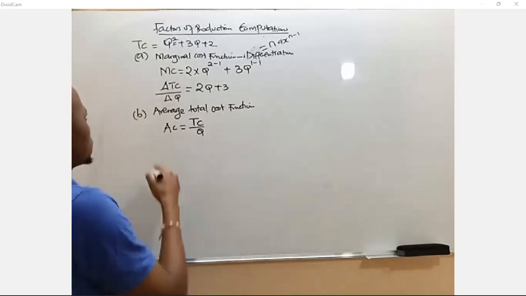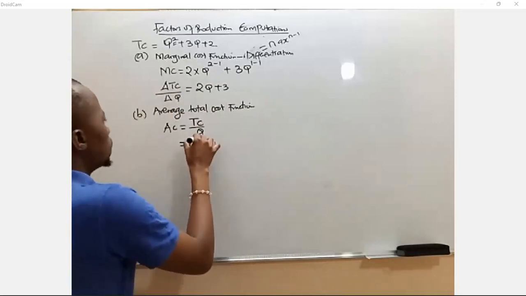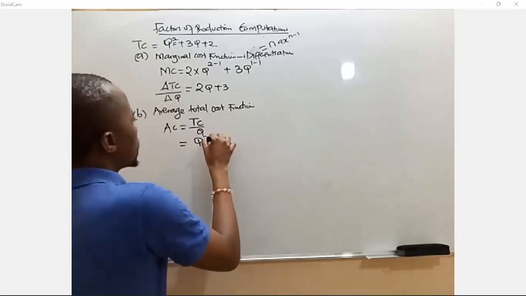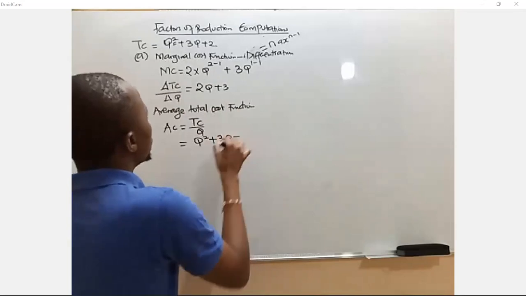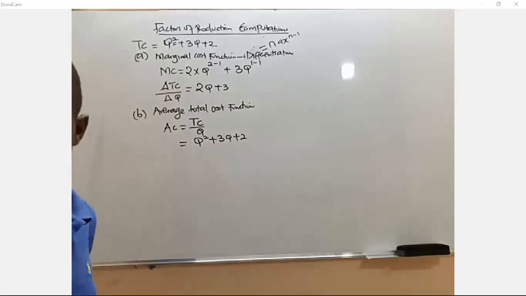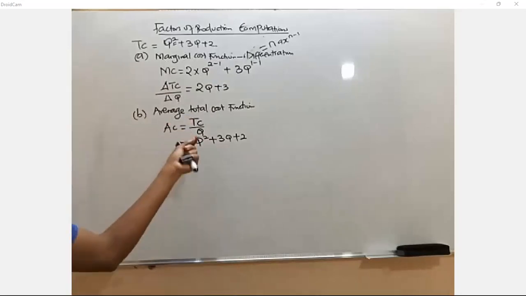What is my total cost here? It will be q squared plus 3q plus 2. Correct.